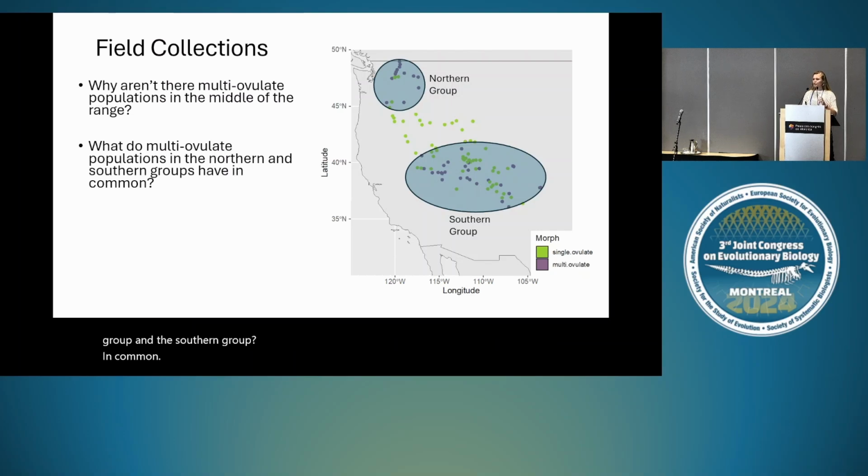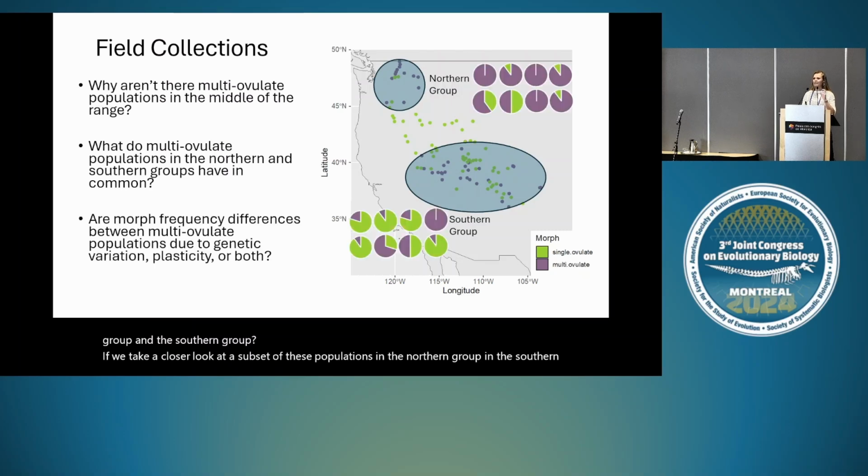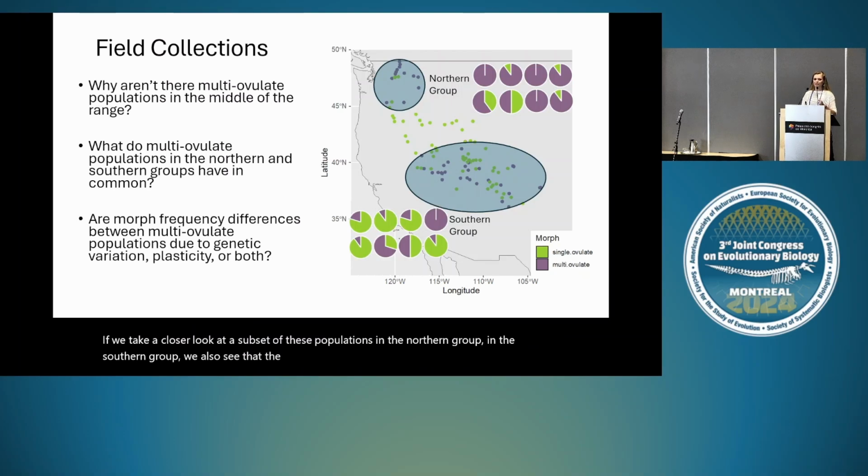If we take a closer look at a subset of these populations in the northern group and the southern group, we also see that the frequency of the multi-ovulate phenotype is really different in the northern group and the southern group, where a lot of our multi-ovulate populations in the north are very strongly multi-ovulate. Almost every individual in the population is displaying this phenotype.